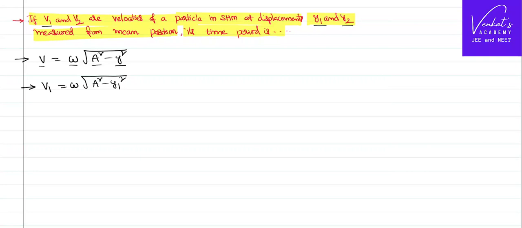For a displacement y2, velocity is v2. So I can write one more equation: v2 equals omega into root of a square minus y2 square. I can eliminate omega, of course, by dividing these two equations, but we need omega because we want to calculate the time period. Omega can be expressed in terms of time period.